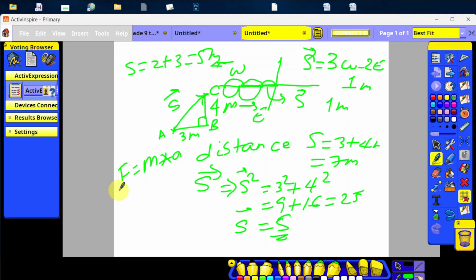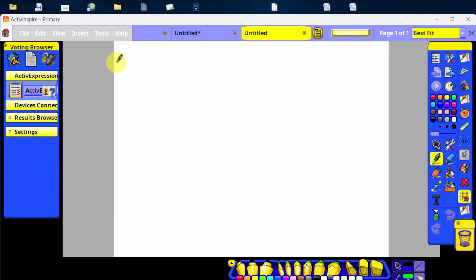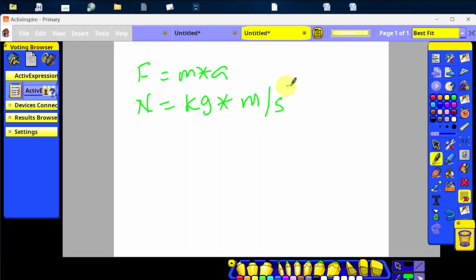The unit of force is Newton, represented by N. Mass is measured in kilograms, and acceleration is meter per second square.